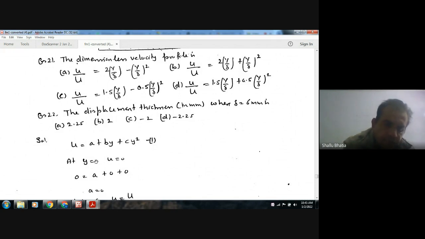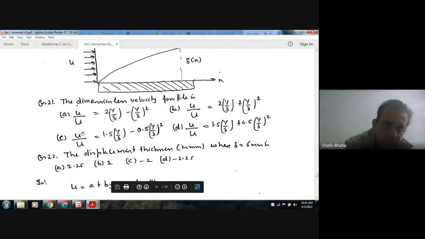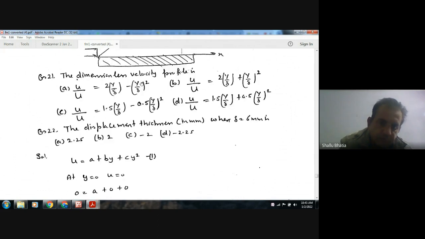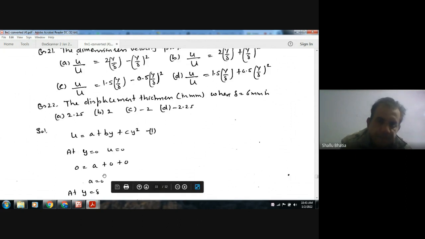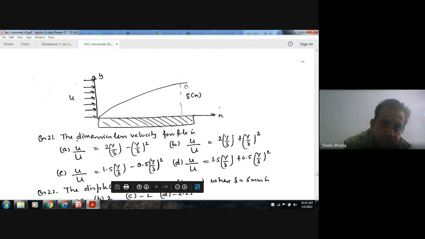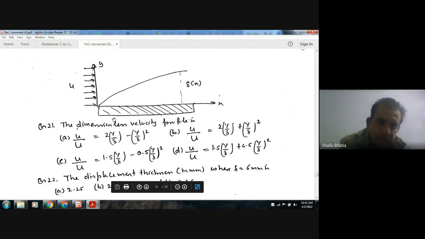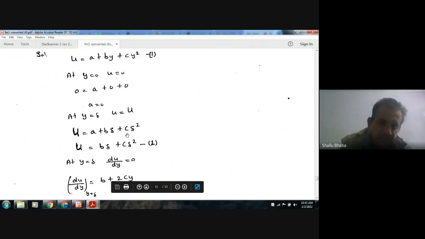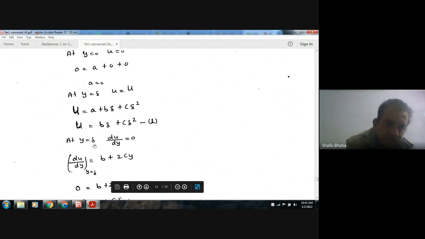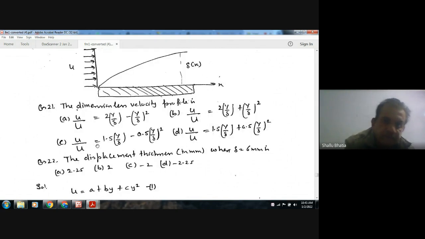Now when y is zero, at the surface of the plate, we have velocity zero. Okay. So a is zero. When y is delta, at the boundary layer, we have velocity equal to capital U. So u is equal to U. Okay. So U is equal to b delta plus c delta square. And the third boundary condition: at the boundary layer there is no change in velocity.